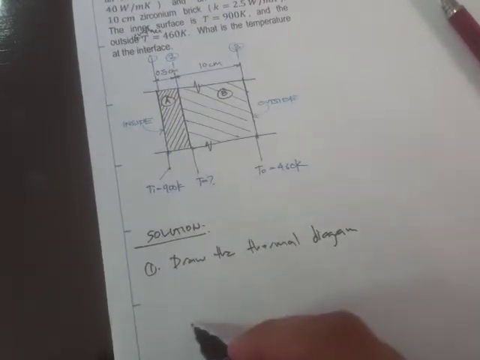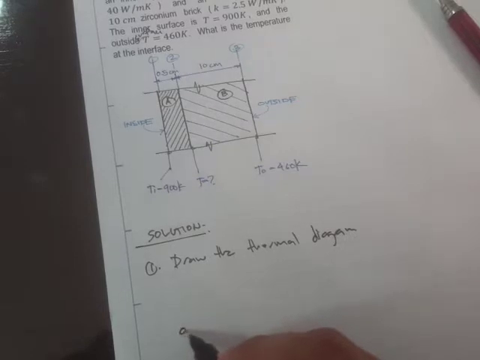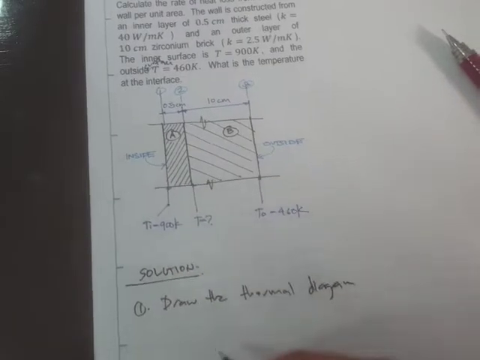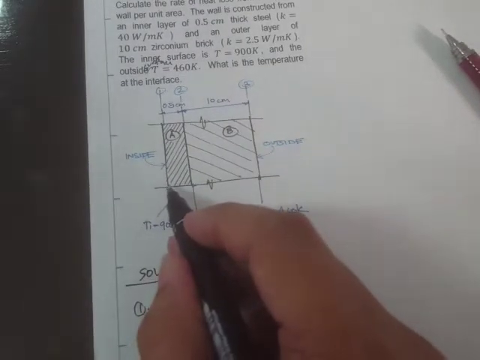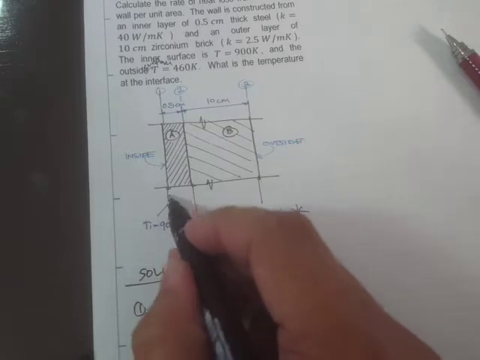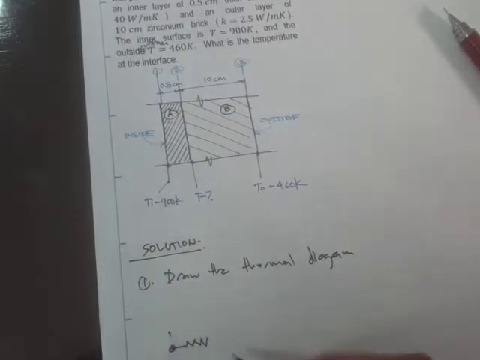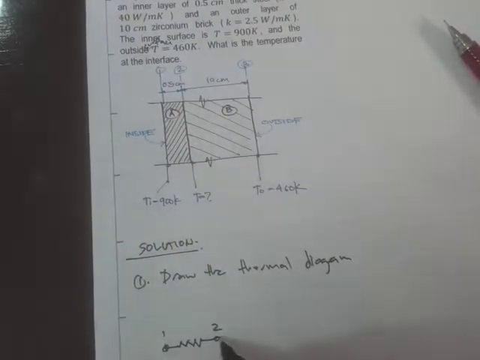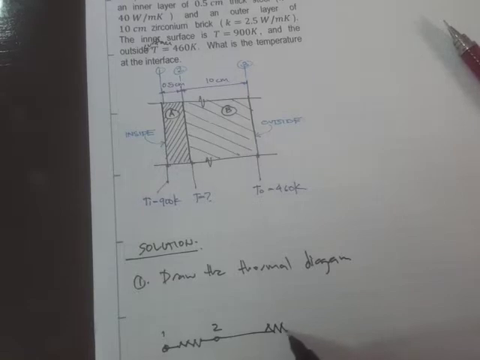Here's our point 1, and then it will have a resistance. Here's our point 1, and here's going to be our point 2, and from point 2 to point 3, this will be our diagram.